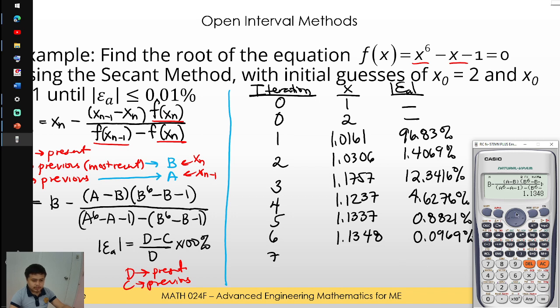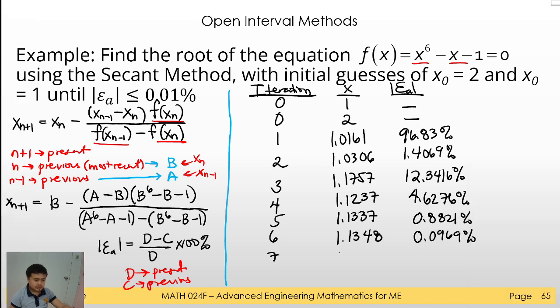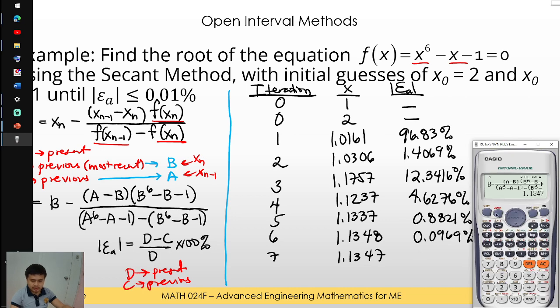And then calc again 1.1348, 1.1337. So we have 1.1347. The present is 1.1347 and the previous is 1.1348.